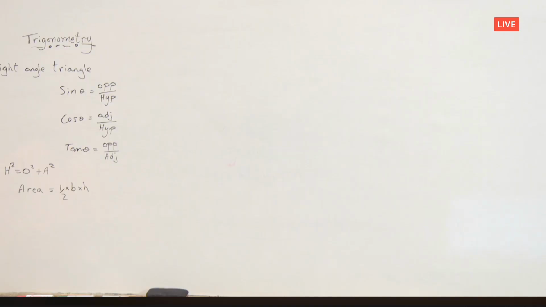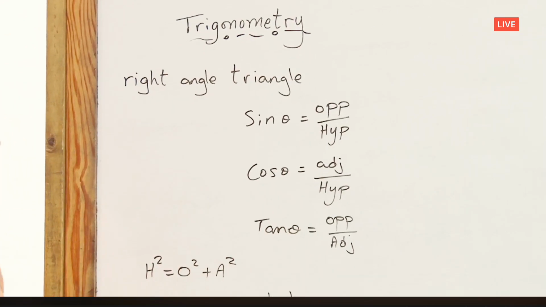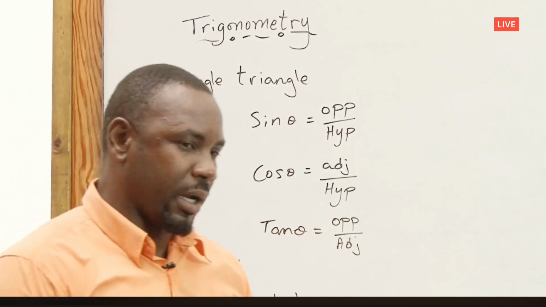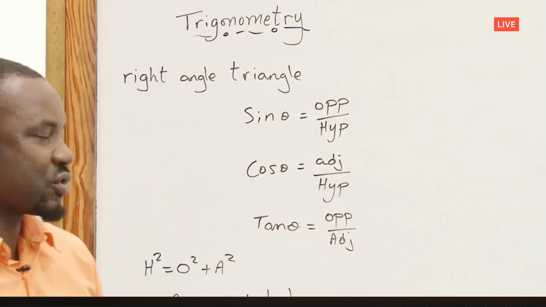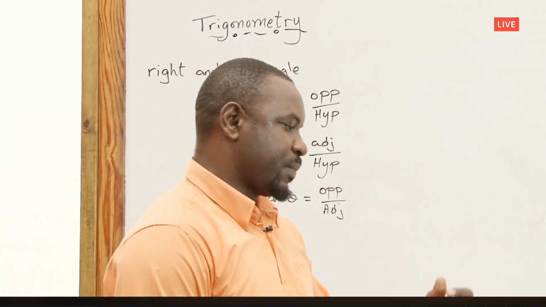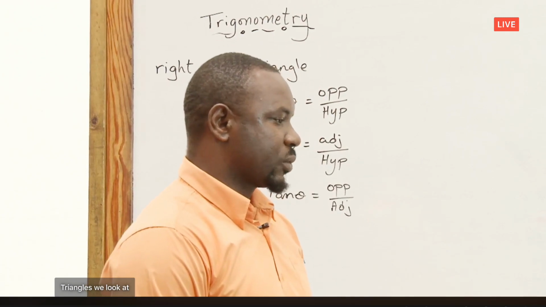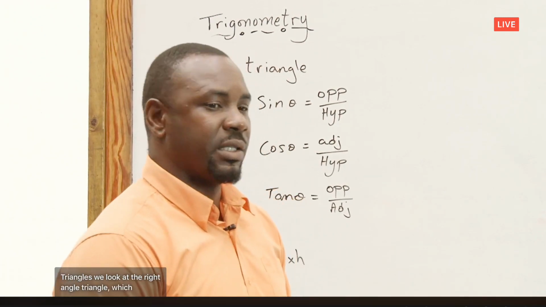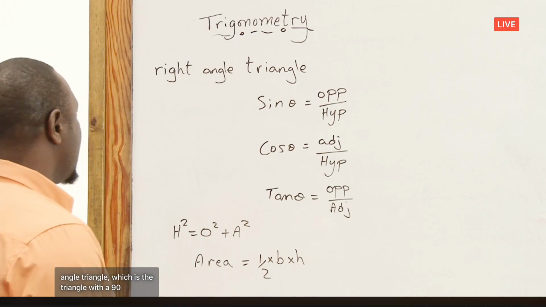So just to summarize what we have been doing with trigonometry. Now, trigonometry, as we said, speaks about triangles, and with triangles we have three sides and three angles. Now, there are different types of triangles. We looked at the right angle triangle, which is the triangle with a 90-degree angle inside of it.